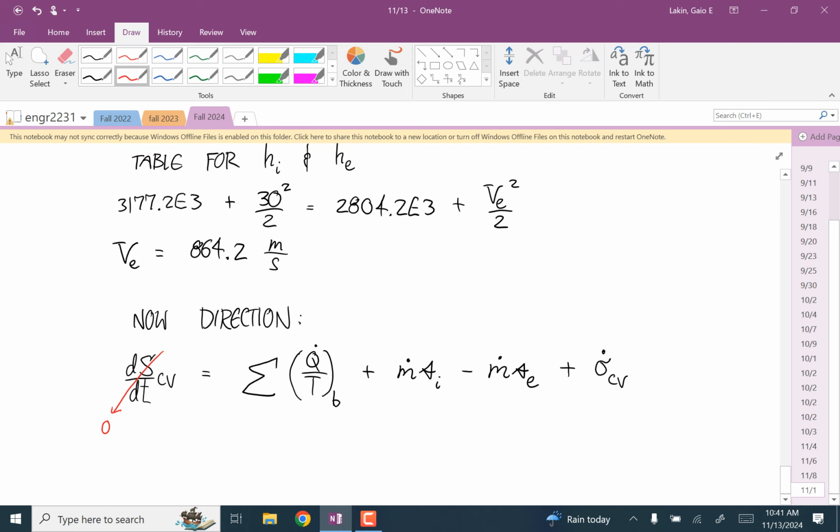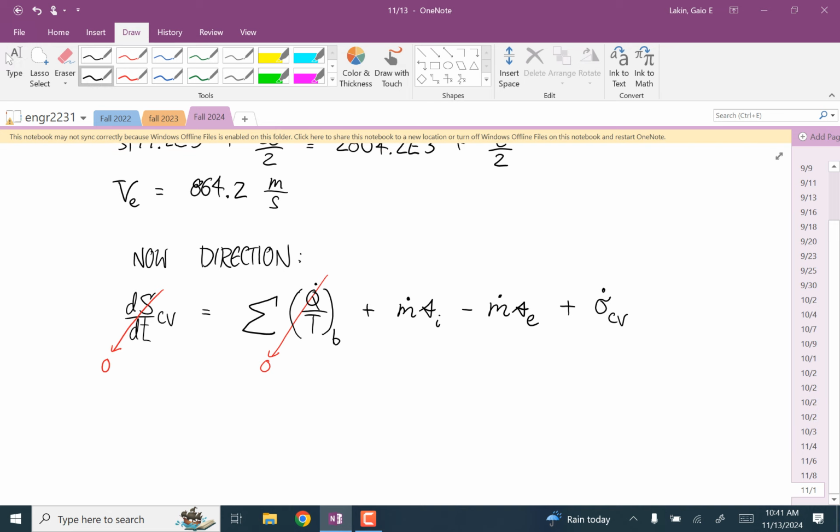We were told there's no heat transfer, so this is 0. So I'm going to, again, divide everything by m dot. So we have 0 is equal to Si minus Se plus sigma dot over m dot.